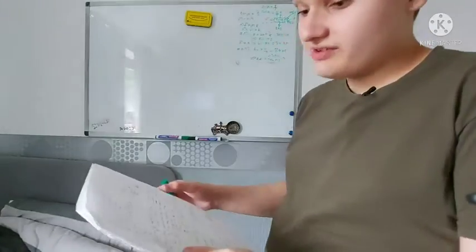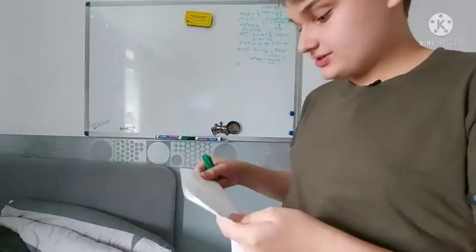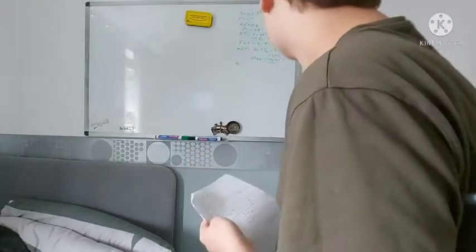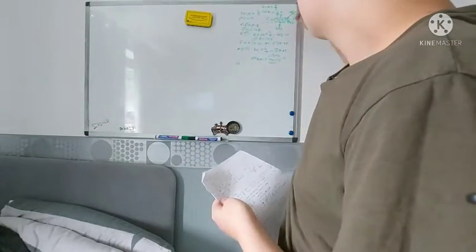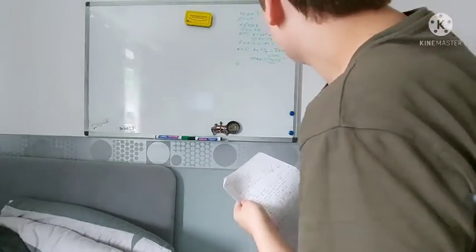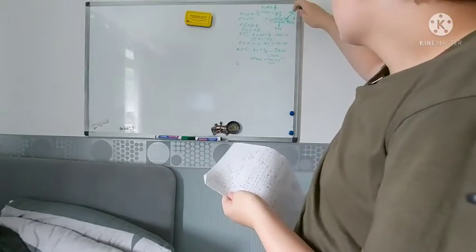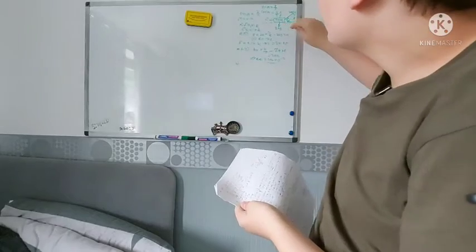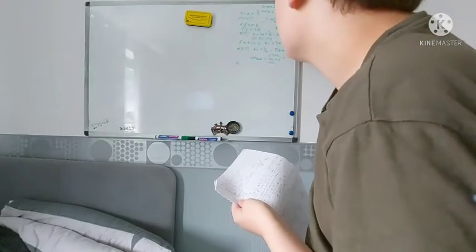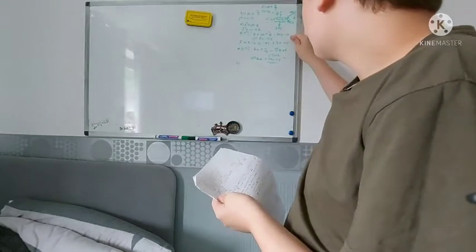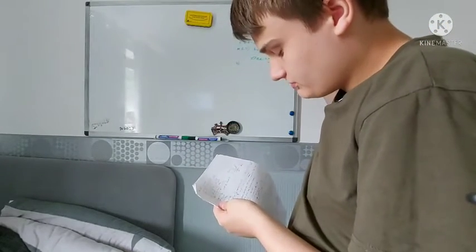So let's have a look at the answers here then. 6 marks for part A, finding the acceleration. Well, we are given a mark for resolving the diagram, which is good. The second mark is for identifying the forces and resolving upwards, another mark. Getting a third mark for substituting and getting the 24.08.